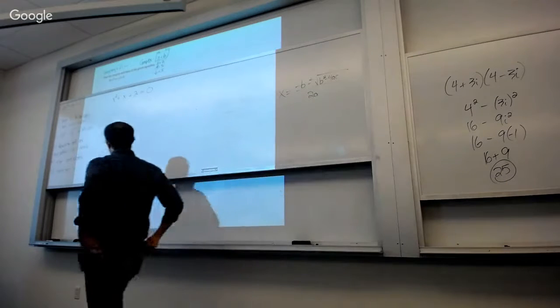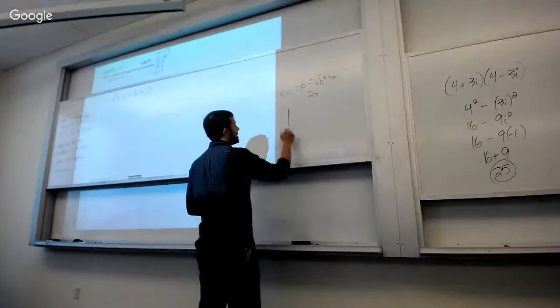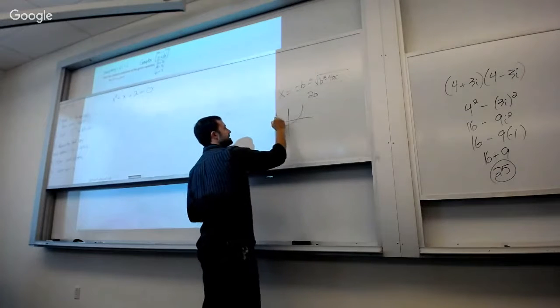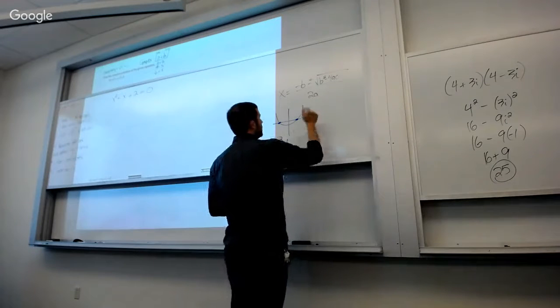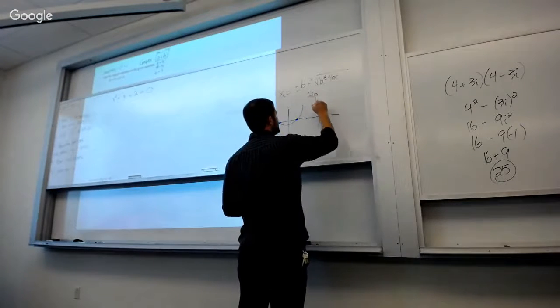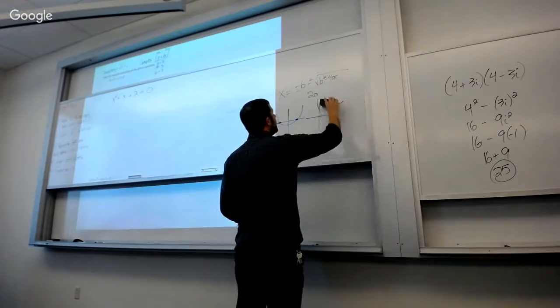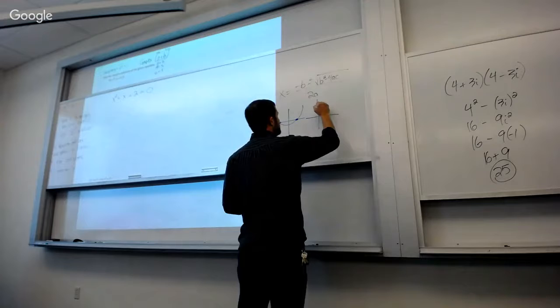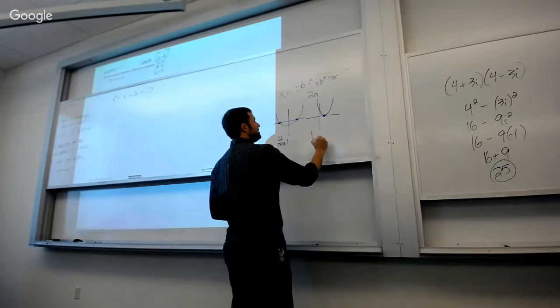In fact, I think everybody should go ahead and write this one more time. When you're solving a parabola, it either goes through the x-axis twice, and that means there are two real solutions, or the parabola could touch the x-axis once and have one real solution.